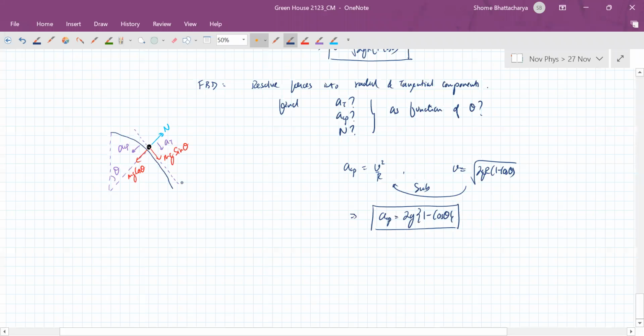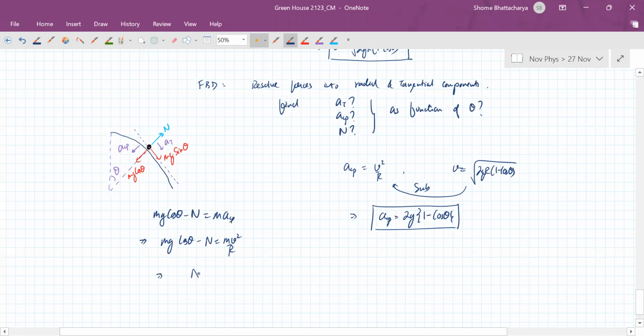In fact, from this we have mg cos theta minus normal reaction equal to mv square by r.